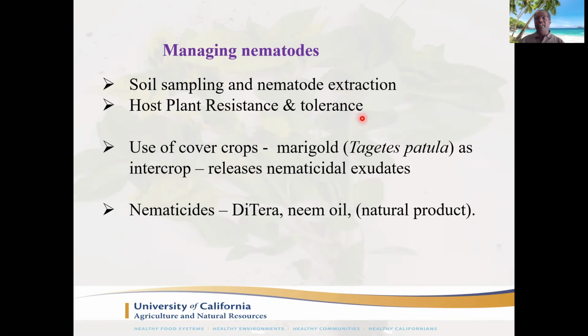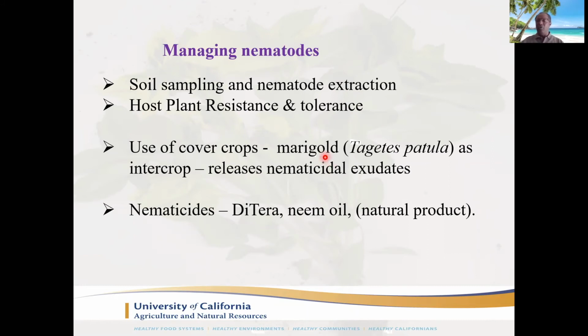Host plant resistance and tolerance. The good thing is, not all nematodes can affect all types of crops. But still, which crops are resistant and which crops are not is an issue that needs to be discussed at some time. Use of cover cropping. There are two types that I worked on. Marigold and cowpeas are known to have nematicidal effects.